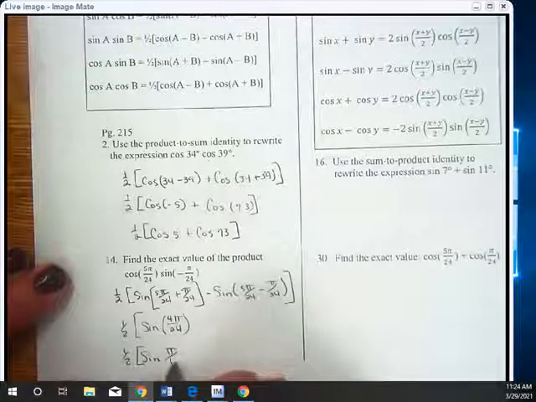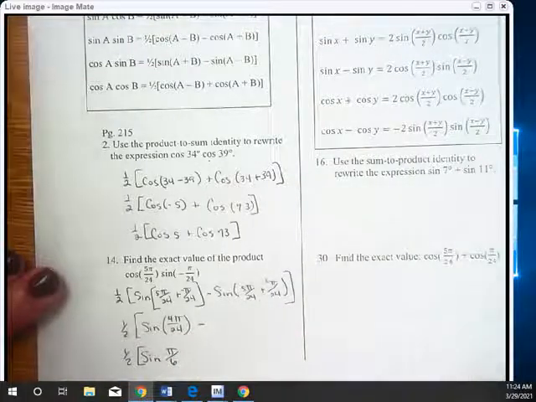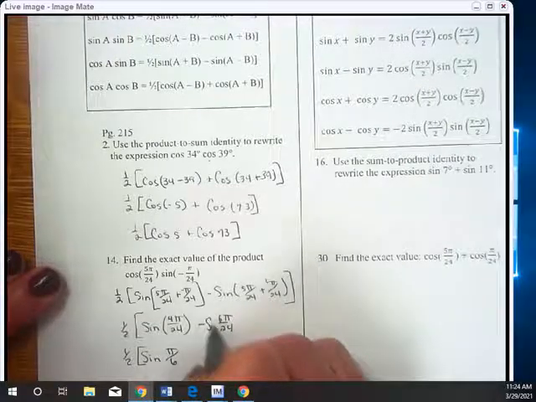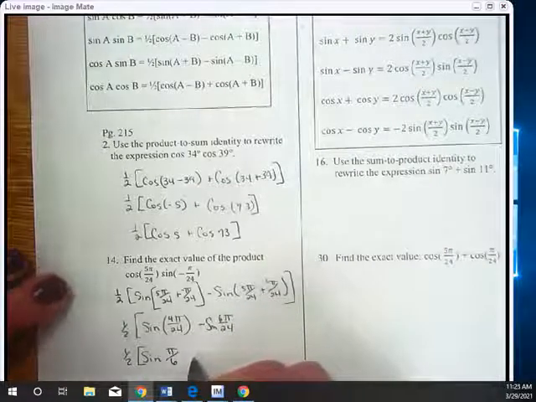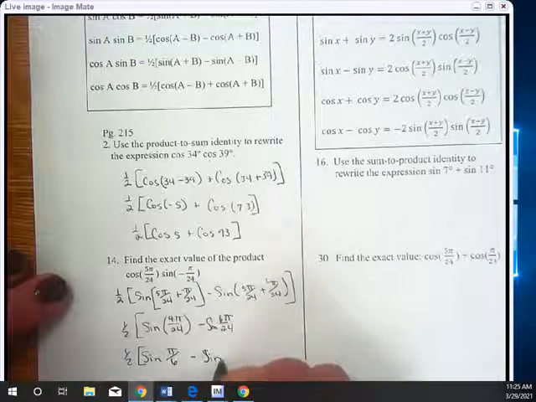Pi over 6 minus, 2 negatives are plus. 5 plus 1 is 6 pi over 24, which reduces to pi over 4.